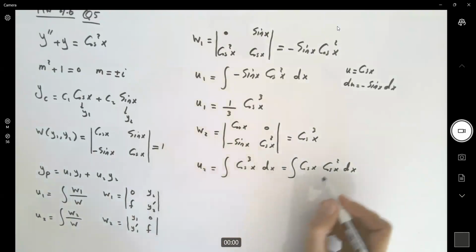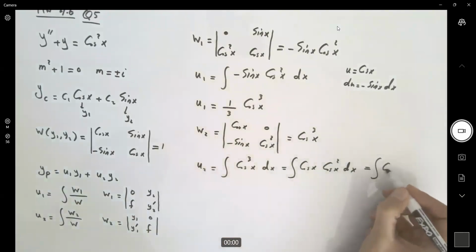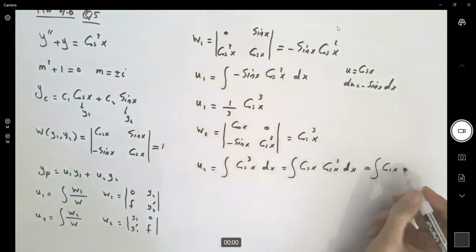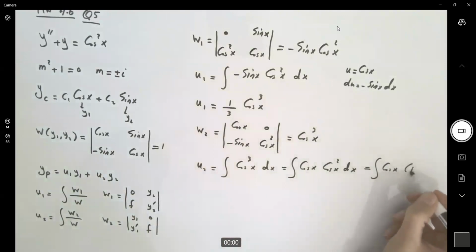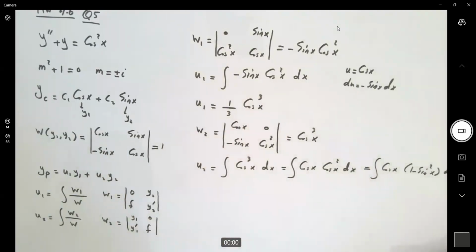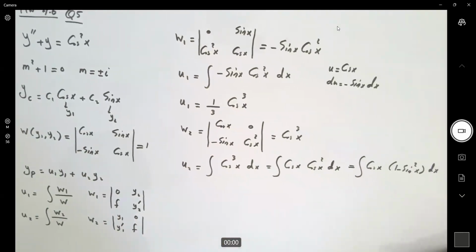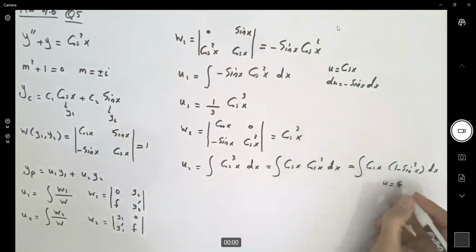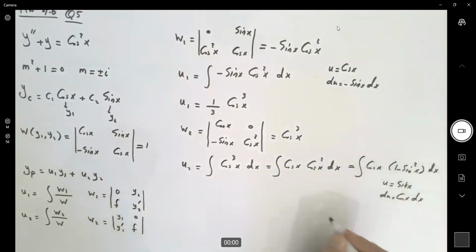This can be written as the integral of cosine x, and cosine squared can be written as 1 minus sine squared of x dx. Again, you can use u sub. Using u sub, u is going to be your sine, and du becomes cosine x dx.